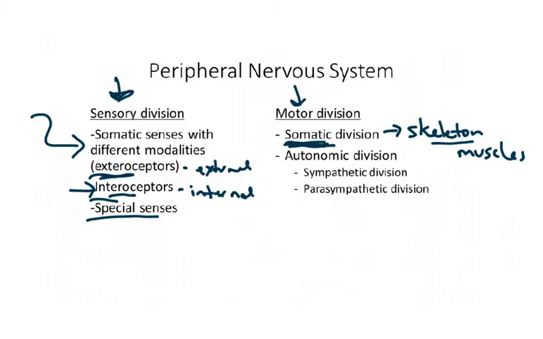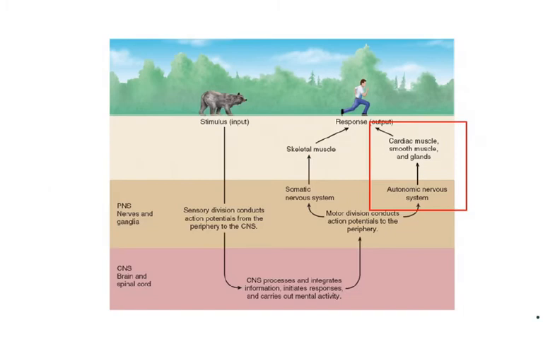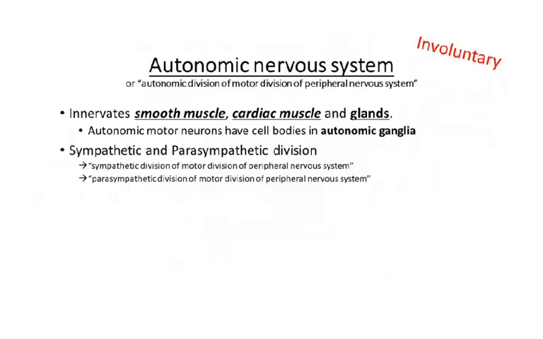What we're going to talk about today then is some of the things that we're not conscious of. And this would be things governed by the autonomic division of the motor division of the peripheral nervous system. What the autonomic division does is it regulates things such as smooth muscle, cardiac muscle, and glands.